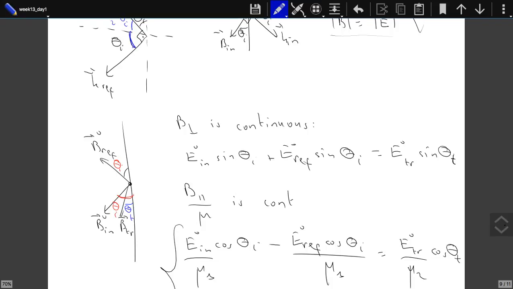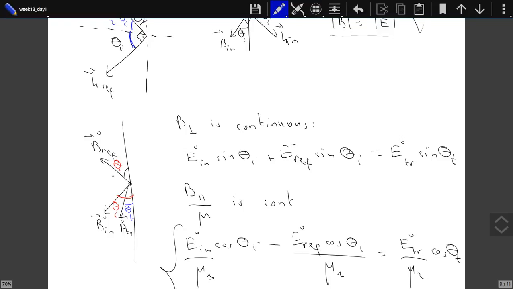So the perpendicular component of B is continuous. The perpendicular component is given by the signs, and they are all pointing in the same direction, so there are no relative minus signs.